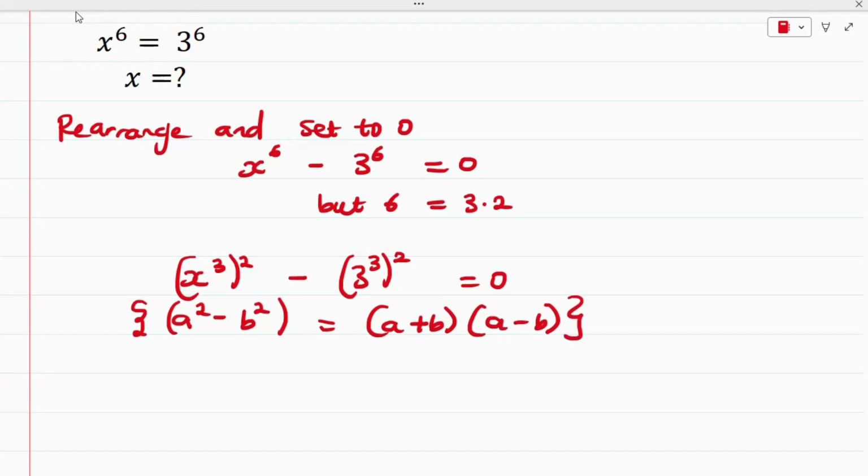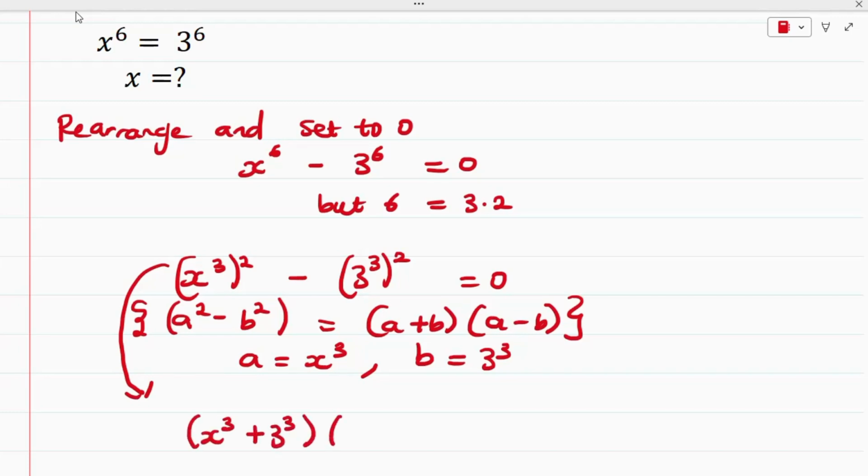So we want to simply apply this to this equation where we have a to be x raised to the power of 3 and b to be 3 raised to the power of 3. So hence, from here, our new equation is x raised to the power of 3 plus 3 raised to the power of 3, multiplied by x raised to the power of 3 minus 3 raised to the power of 3, and this is equal to 0.